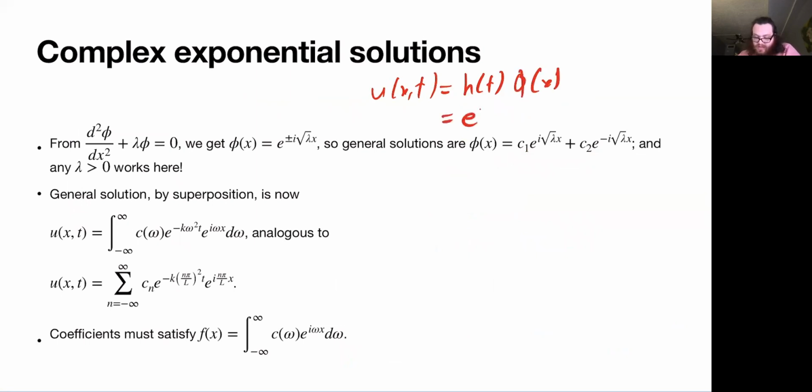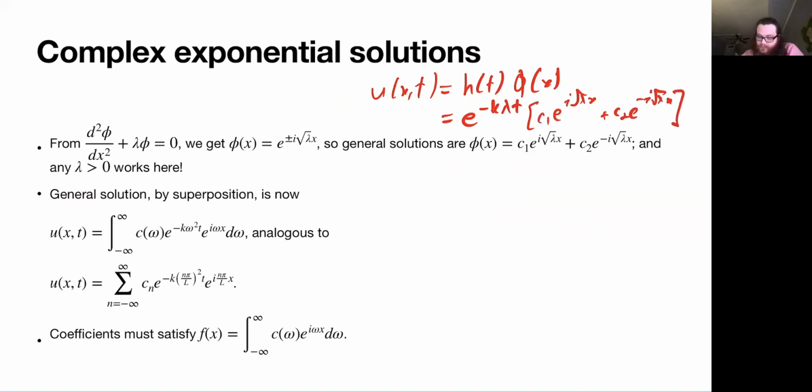H we computed to be e to the minus k lambda t. Phi we computed to be the superposition of C1 e to the i root lambda x plus C2 e to the minus i root lambda x.